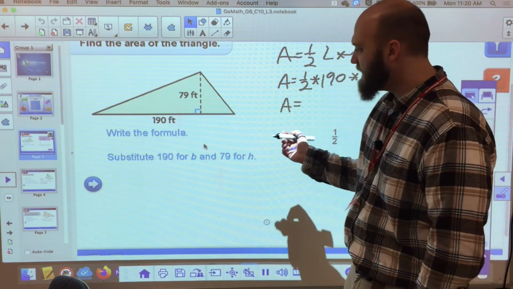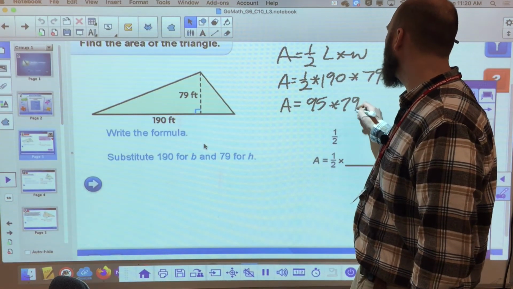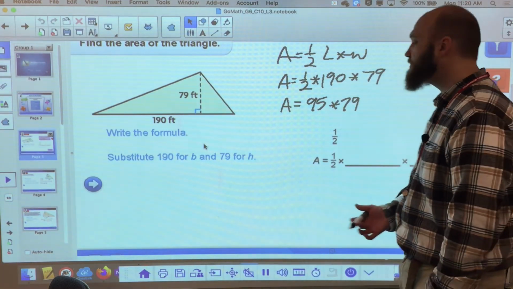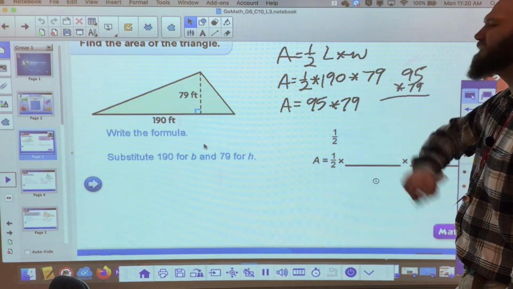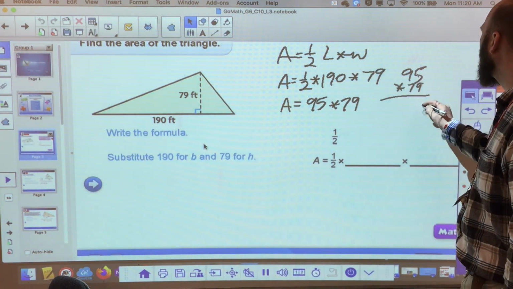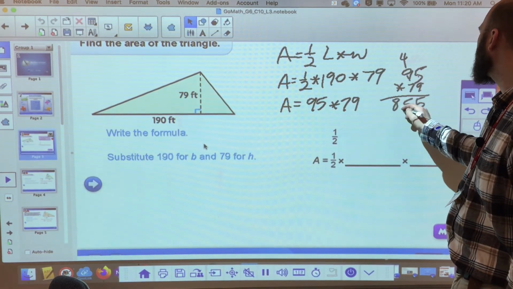1/2 of 190, I happen to know that, that's 95 times 79. If you didn't know that, you could use a calculator, or you can write it out. Over here, I'm going to go, okay, 95 times 79. I don't know off the top of my head, so let's find out. 9 times 5 is 45. 9 times 9 plus 4 is 85.